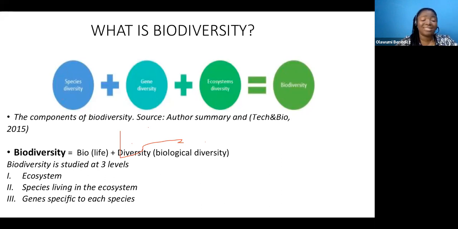And this includes even the diversity within the species and between species and the entire ecosystem.